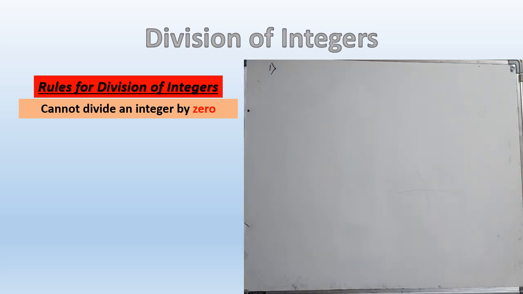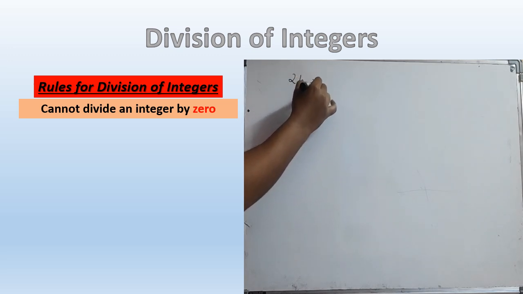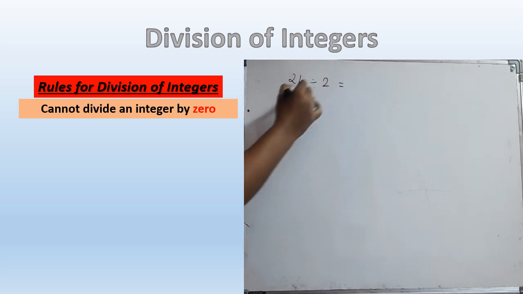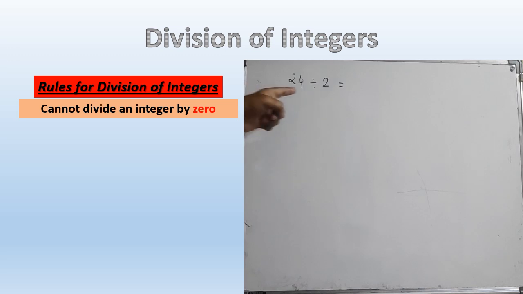The first one we'll look into is division of a positive integer by a positive integer. Understanding? Division of a positive integer by a positive integer. So we'll see. Consider 24 divided by 2. So 24 is a positive integer and 2 is also a positive integer.